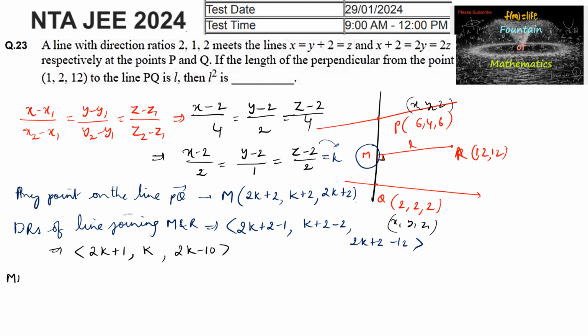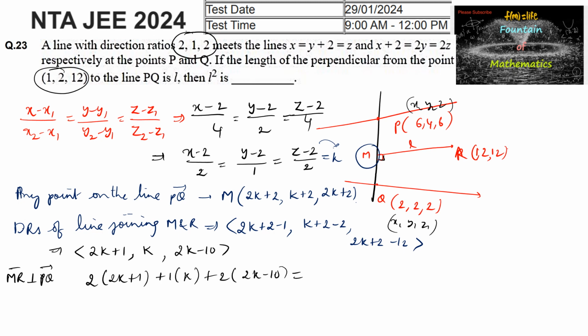Since MR is perpendicular to PQ, the direction ratios of PQ are 2, 1 and 2. So 2 times (2k plus 1) plus 1 times k plus 2 times (2k minus 10) is equal to 0.